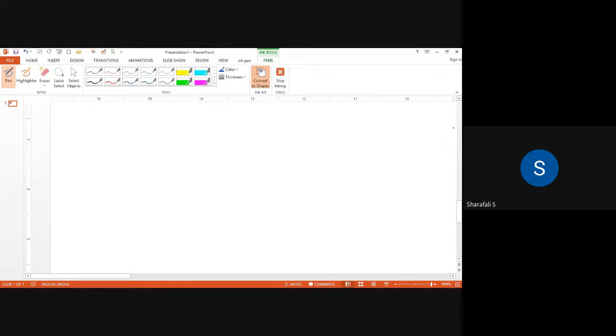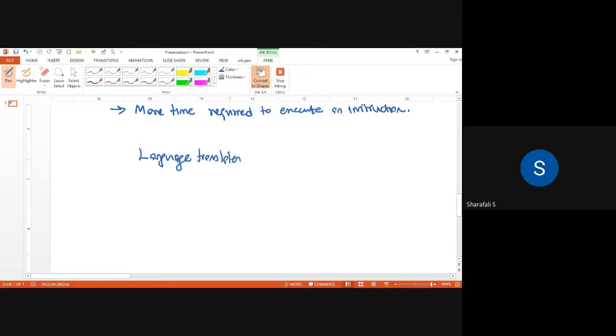In order to discuss that, first we will consider that these are nothing but language translators. You can call them language translators, and here we have assembler as well as interpreter.